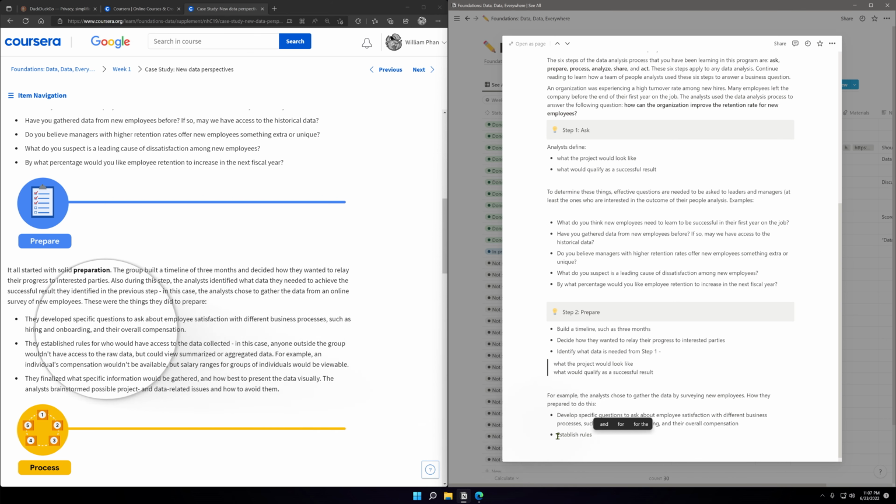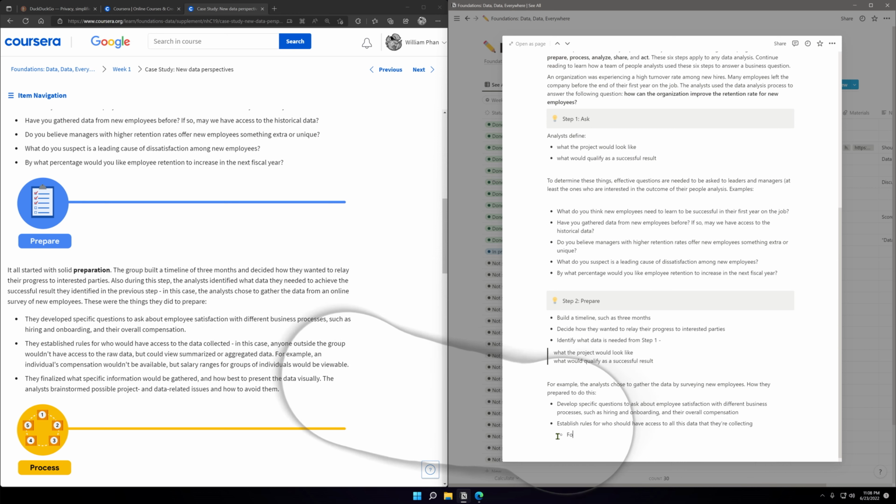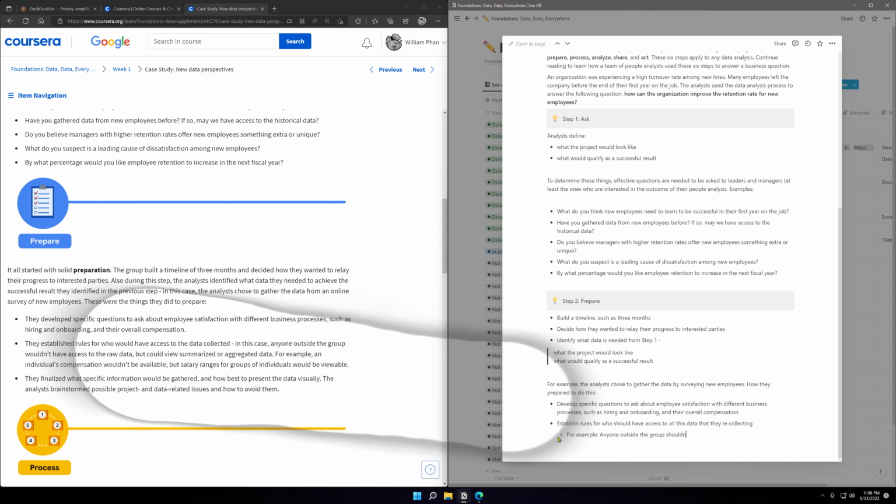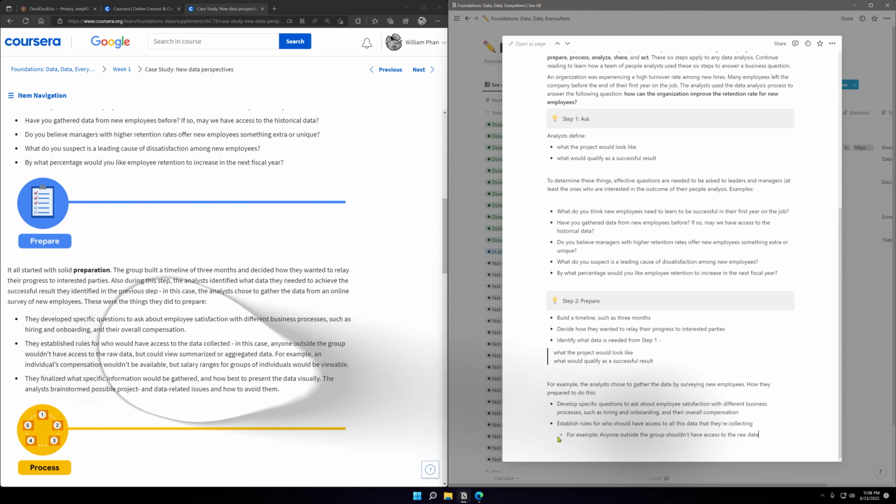They also established rules about who would have access to all this data that they're collecting. The group shouldn't have access to the raw data.